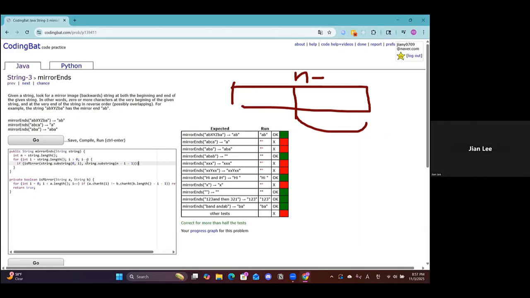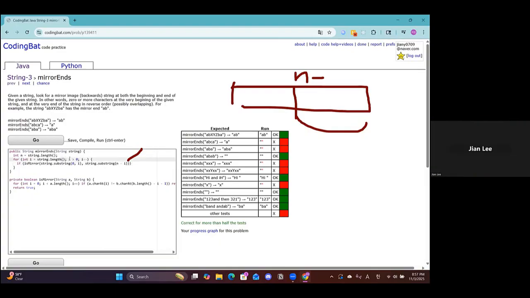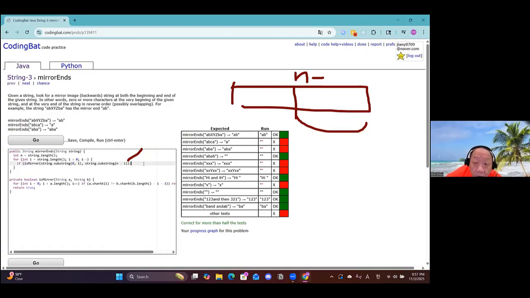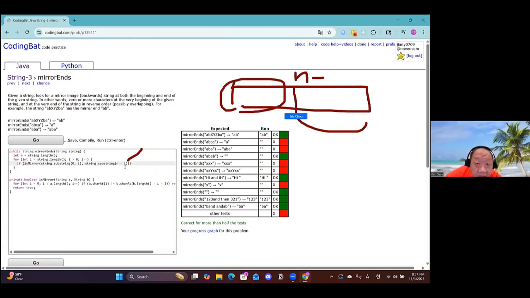No, there's no minus one. It's just N minus I. The last I letter is N minus I. Yeah, wait, then shouldn't there be a minus 1 here? Because, oh no, okay, it's not a window. It's comparing the first N letters with the last N letters. It's not a window.